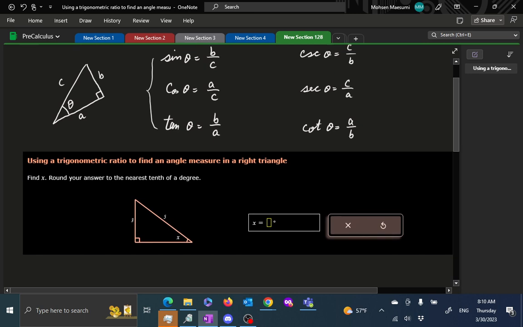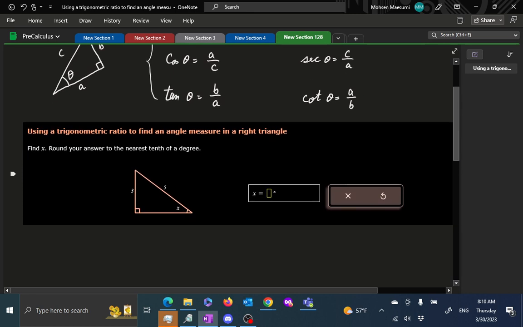Now, here's a typical question. Here the angle is referred to as x. In the picture here I did theta. We look at the picture, we see these two are given. With respect to this angle, this will be its opposite, and this is always the hypotenuse. So we write the relationship between these 3 quantities.